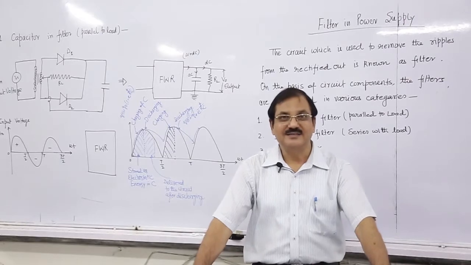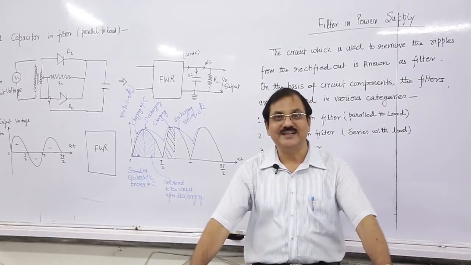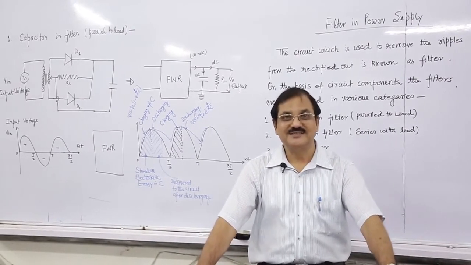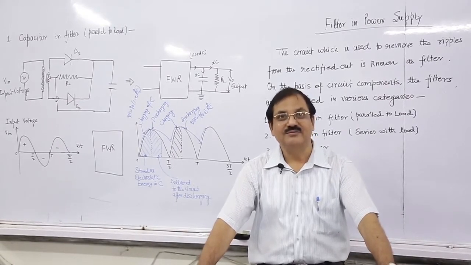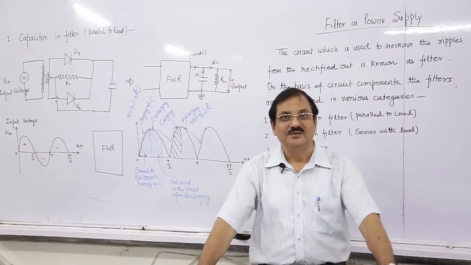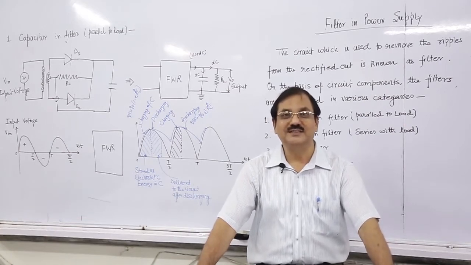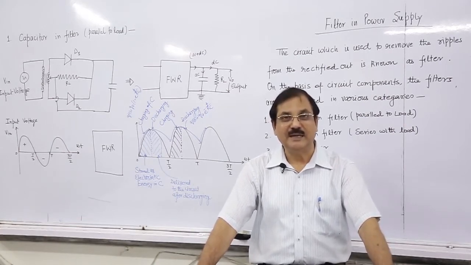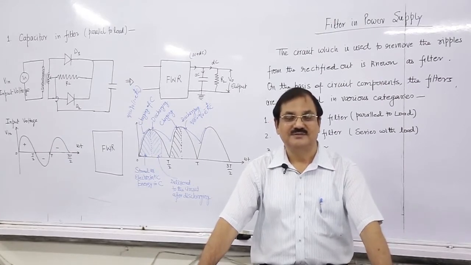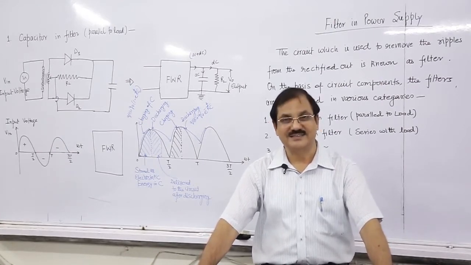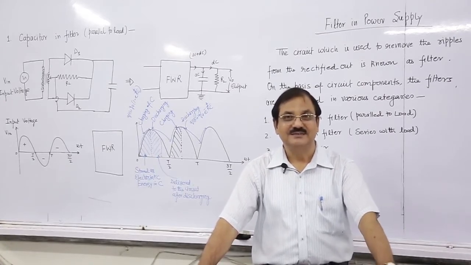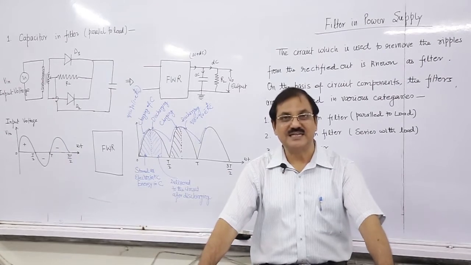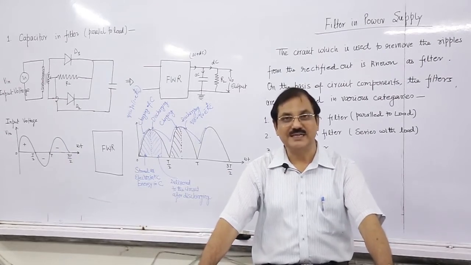Good morning friends. Today I would like to discuss the filter circuit, which is used to filter the ripple, that is, the pulsating output from the rectifier circuit. In the rectifier output, both AC and DC components are there.